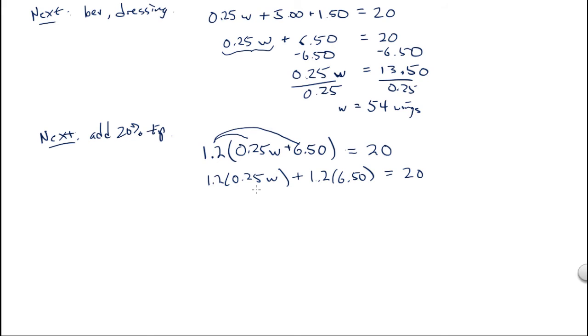If I take 1.2 times 0.25, we get 0.3, or 30 cents. So effectively, if you include a tip, you're paying 30 cents a wing, in addition to 1.2 times 6.50, which is 7.80. So you could almost think of the price with the 20% tip as 30 cent wings and $7.80 for the dressing and the beverage.